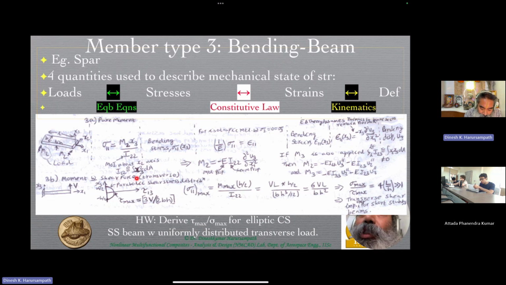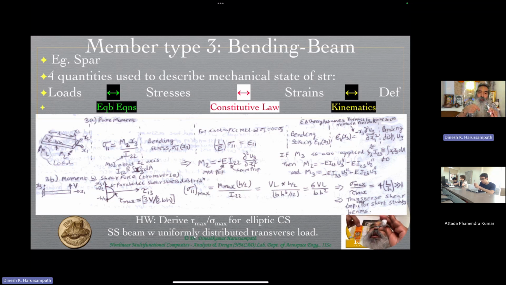When you have such a cross section or cross sections, then in addition to sigma 1, you would have an additional stress, and that stress is tau 13. Why is it tau 13? Because you apply a shear force in the x3 direction, and the stress is acting on a cross section whose normal is along the x1 direction.